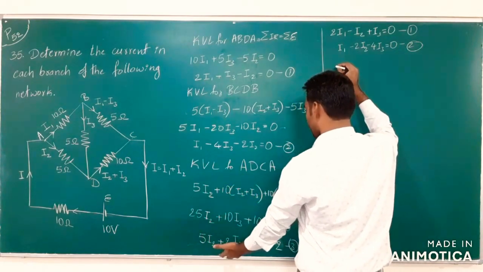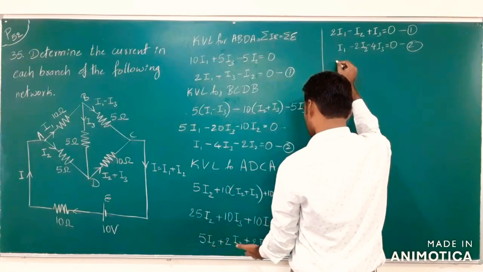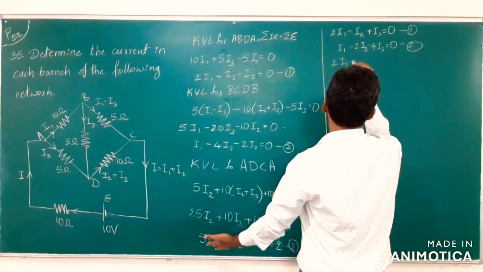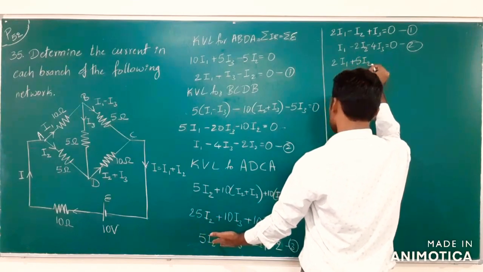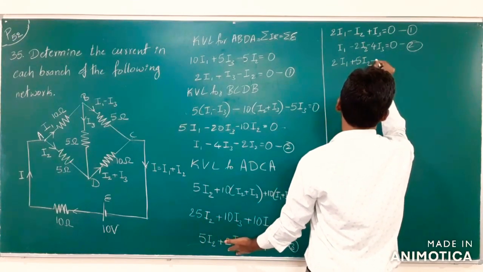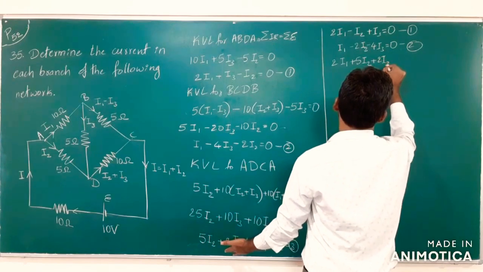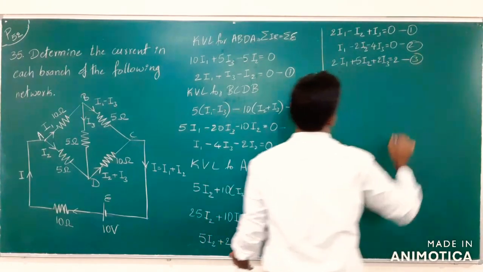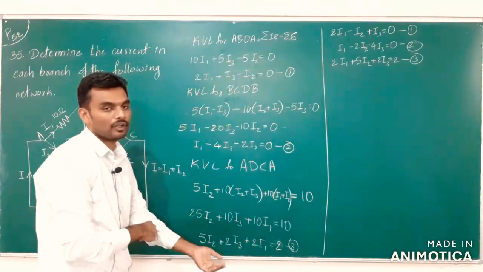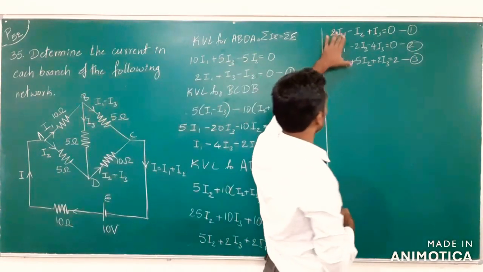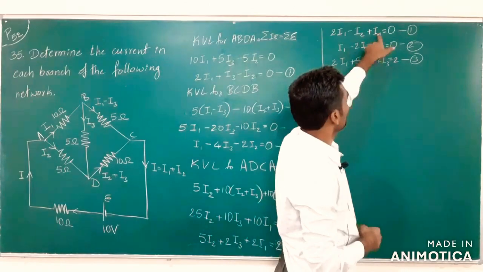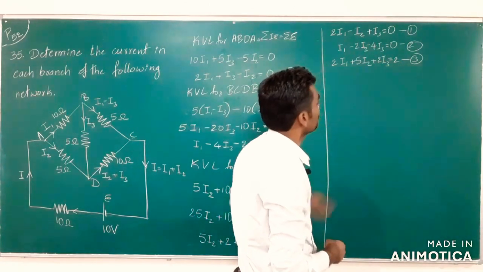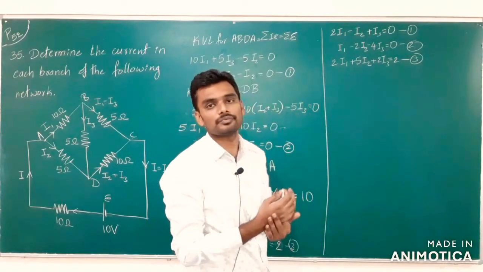Next, the last, 2I1 plus 5I2 plus 2I3 is equal to 2. So these are the 3 equations in order. I1 terms here, I2 terms here, I3 terms in the last. Right, so now what should I do first?